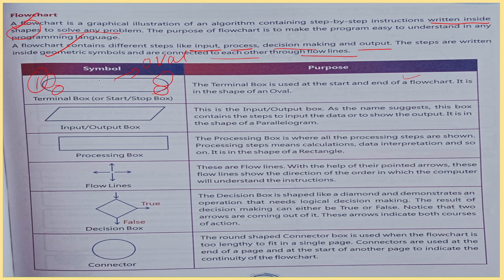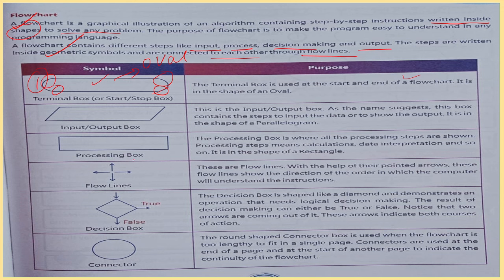Whenever you make a flowchart, you have to start from this box, also known as the start box, and the flowchart ends with the same box. When you end your flowchart, you put this symbol and write end.